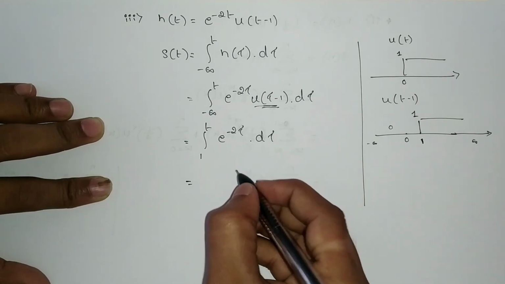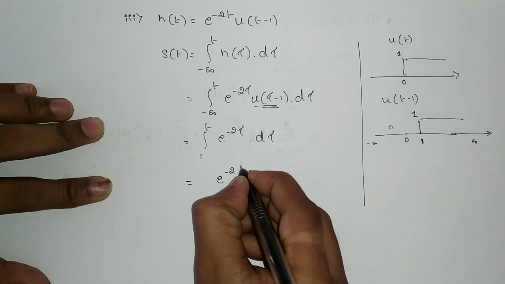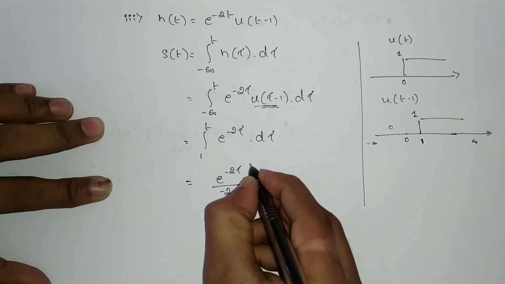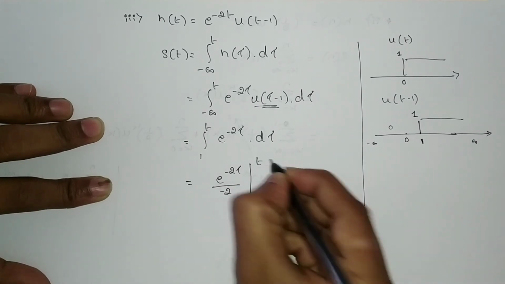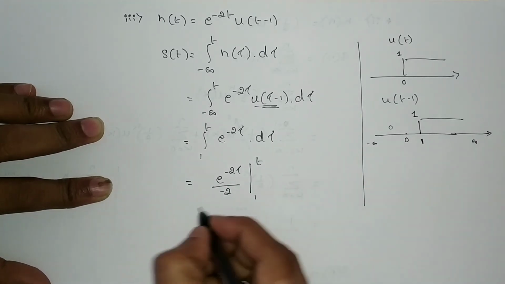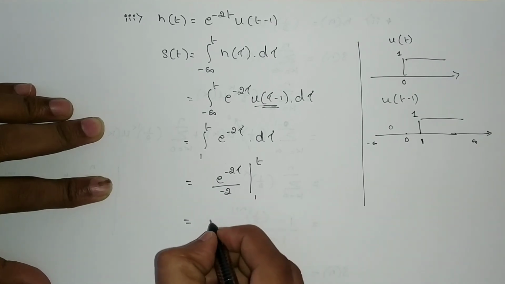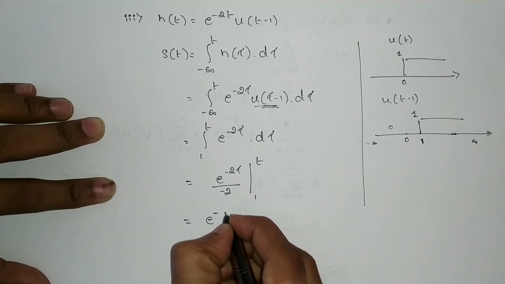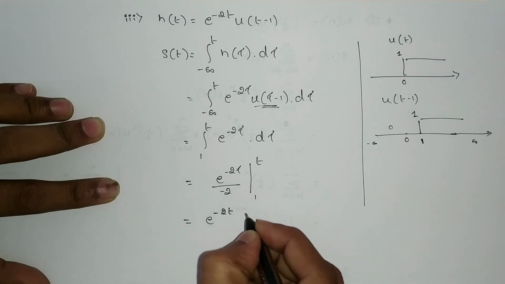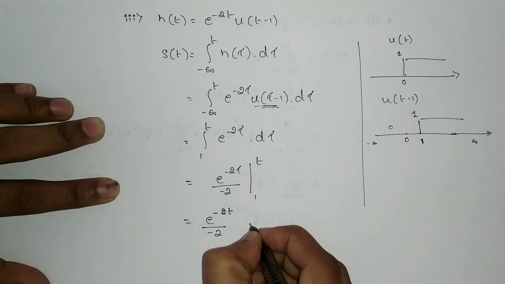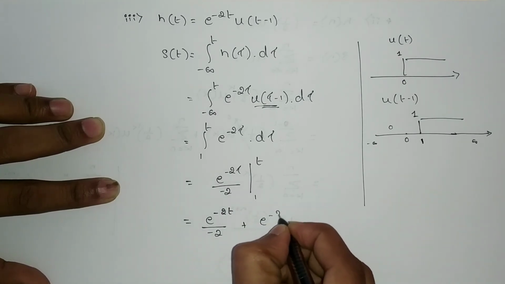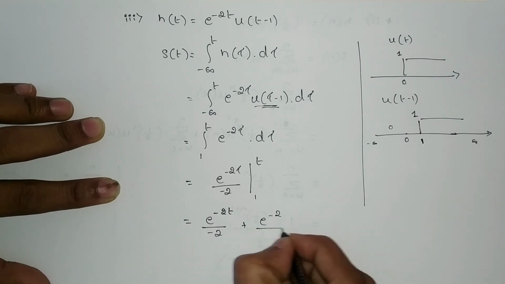After integrating, e power minus 2 tau divided by minus 2 with the limit 1 to t, applying the upper and lower limits, we will have e power minus 2t divided by minus 2 plus e power minus 2 divided by minus 2.